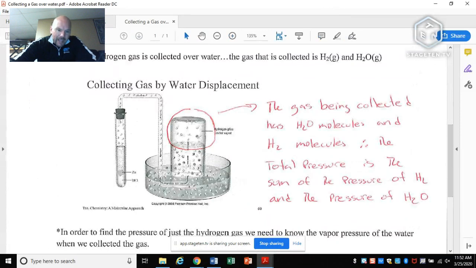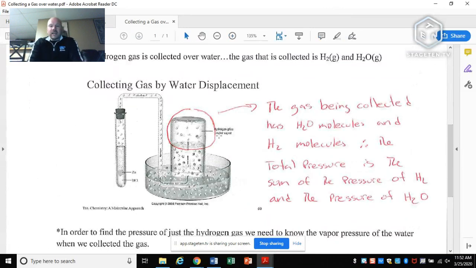Well, the reaction is producing H2 gas. The H2 gas is bubbling through this tube, going up, and we're collecting it here, over water.